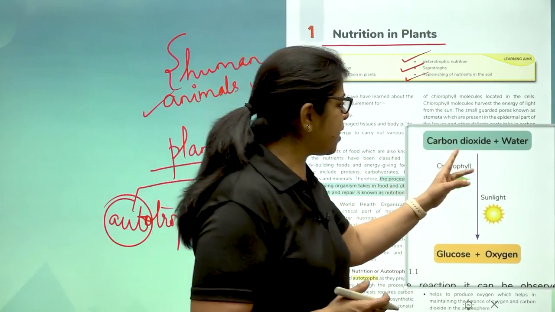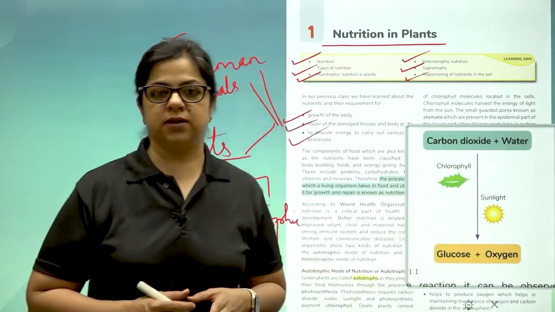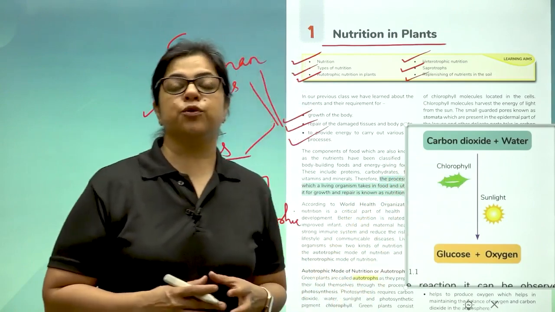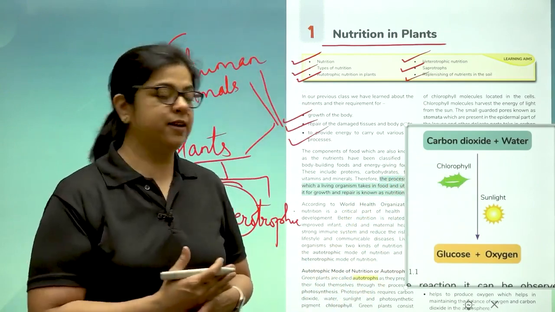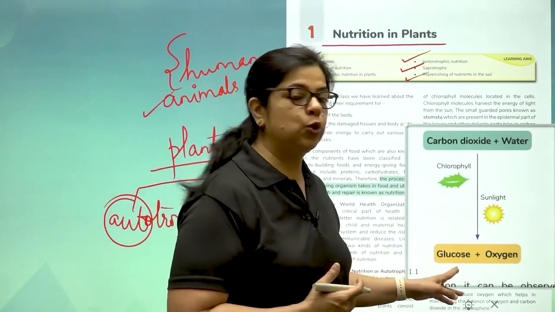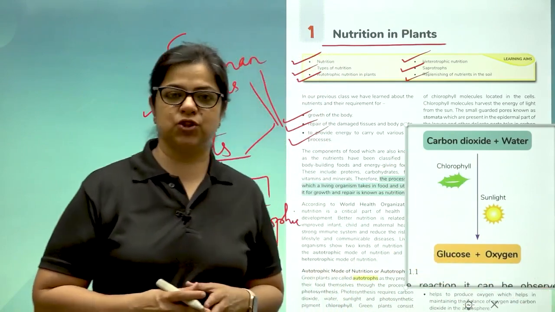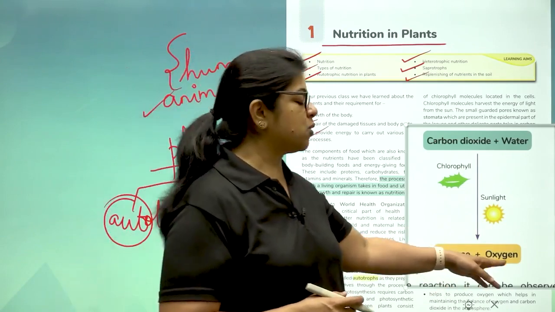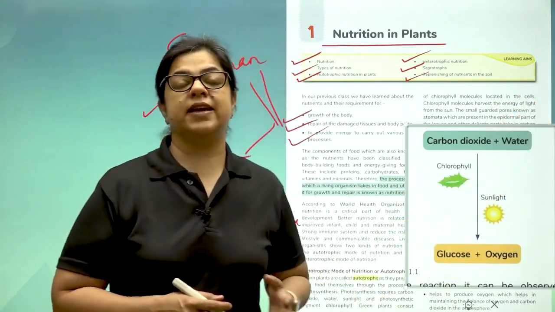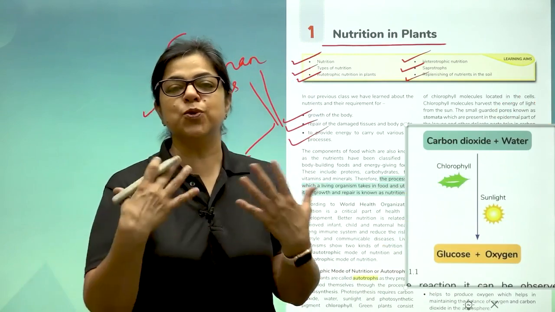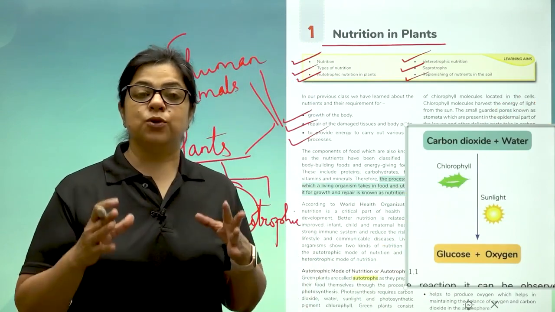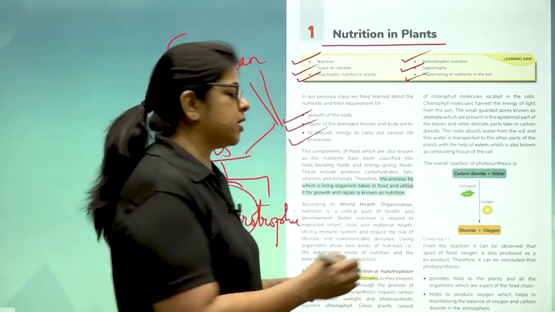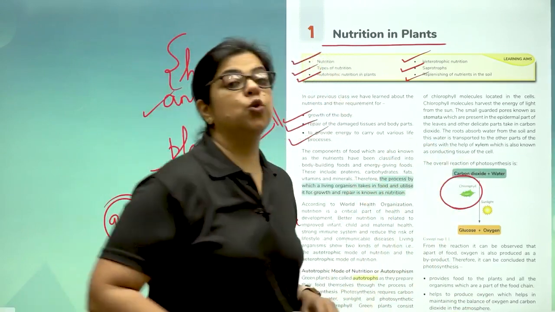They take up carbon dioxide and water from outside, and in the presence of chlorophyll in the green leaf, they convert it into glucose and oxygen. Now this glucose is the food for the plant and this oxygen is released in the environment for us to breathe in. So here we see an important component in the production of food is chlorophyll.